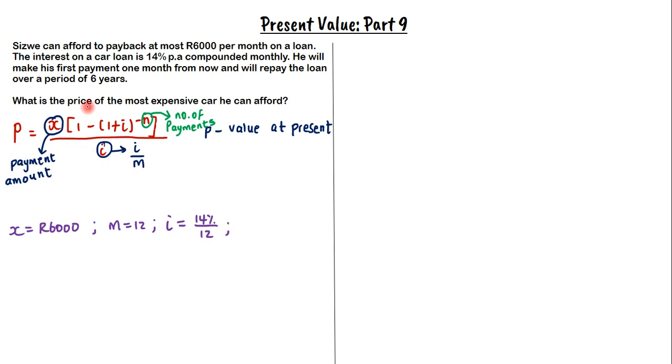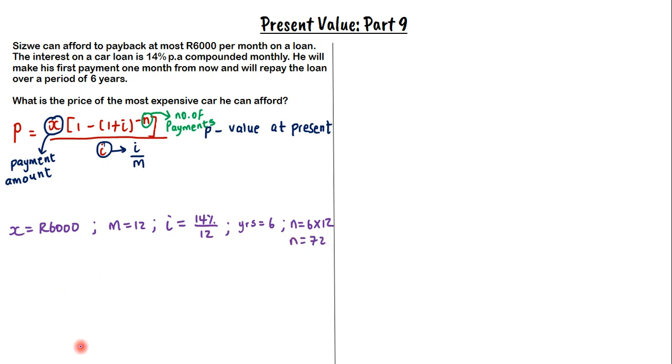The number of years is 6. Given that he starts to make his payment 1 month from now, the number of payments is 6 times 12, which gives us 72 in total.